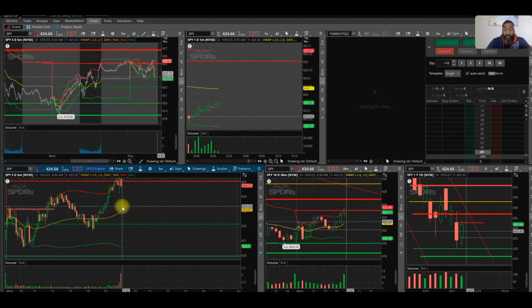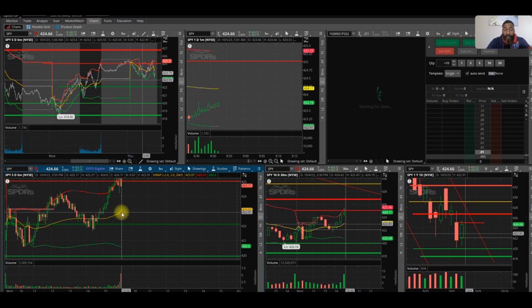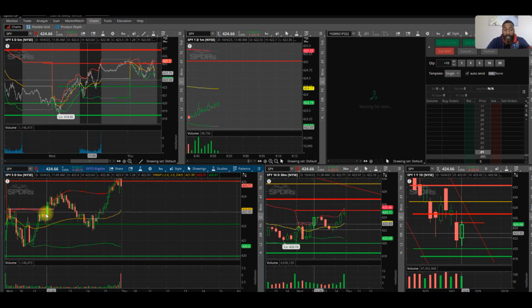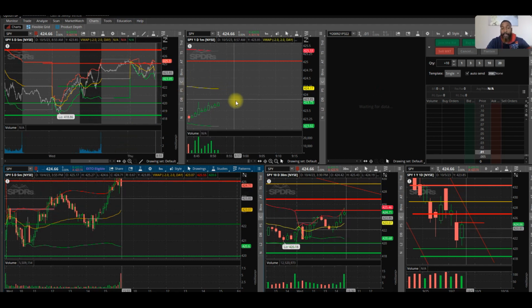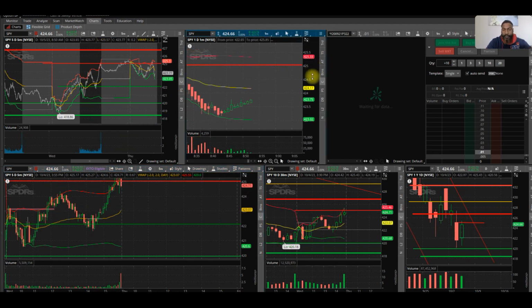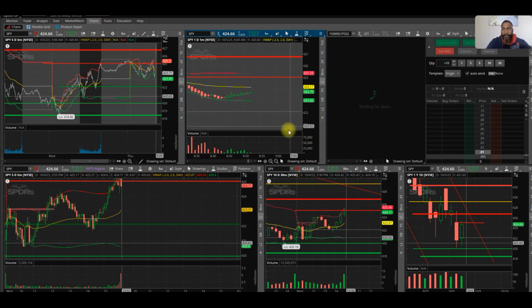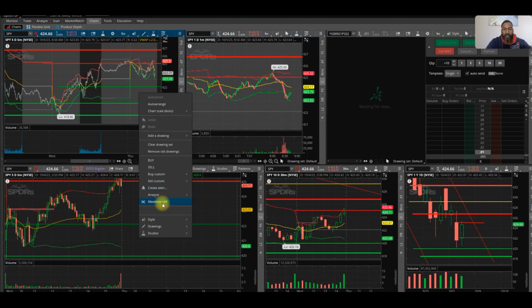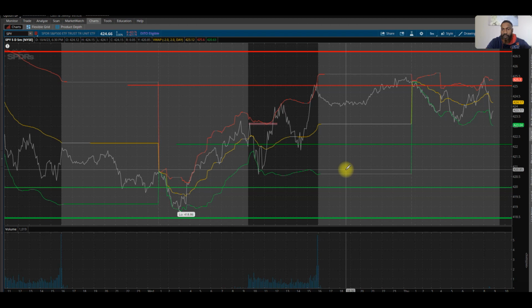The stock is here currently, but it still gives us a good look at yesterday's action. And then we have the 1-minute chart here. And then my favorite, of course, the line chart.